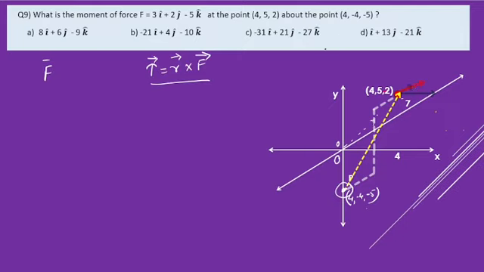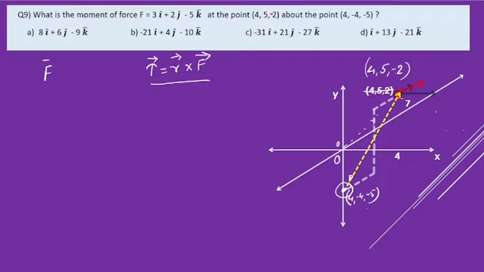This should have been 4, 5, minus 2; it is given as 4, 5, 2 by mistake. So the point at which the force is applied is 4, 5, minus 2.